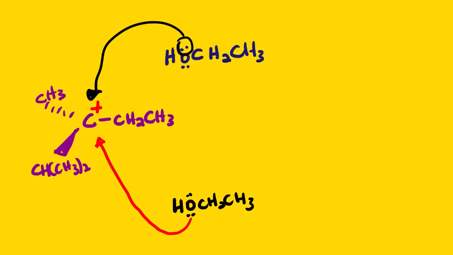So in this case, the one that attacks from the bottom will yield an inversion configuration, and then at the top it will be a new configuration which we did not discuss in the previous lesson series, which is the retention of configuration. So you should know that if it attacks in the same direction where the leaving group was, it will have a retention of configuration, and then when it attacks from the back, which is normally used by the SN2, it is still an inversion configuration.